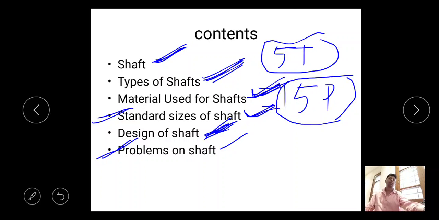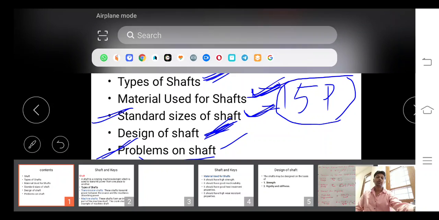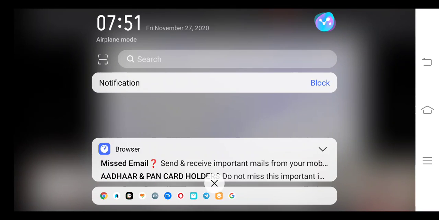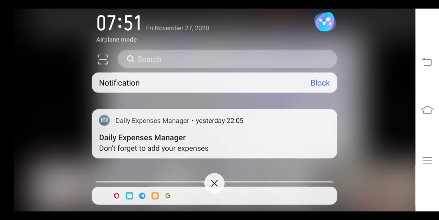So this will cover your shaft chapter. You will solve around 5 to 6 problems, then only you will understand the concept of shaft. So in this part of the lecture we studied this much. When we go for the next lecture, we'll study more things.